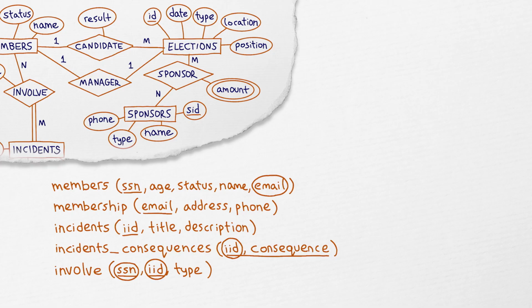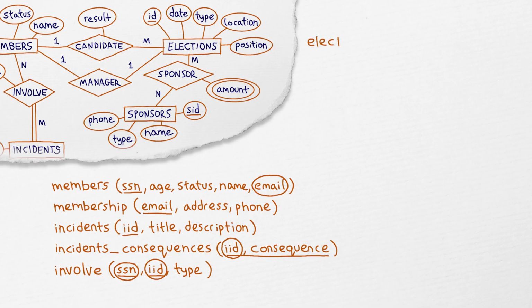So the relationship candidate and the relationship manager are not tables like we got in involve because they are not many-to-many. They are passing candidate keys to elections. So election is going to get two foreign keys there, and from sponsors we don't get a foreign key because that's a many-to-many. Therefore, let's see, we can do elections here in this part.